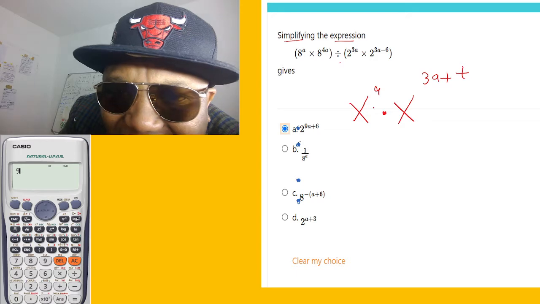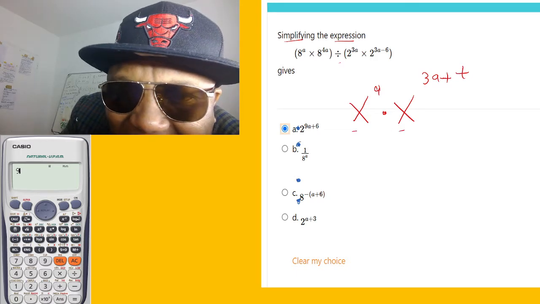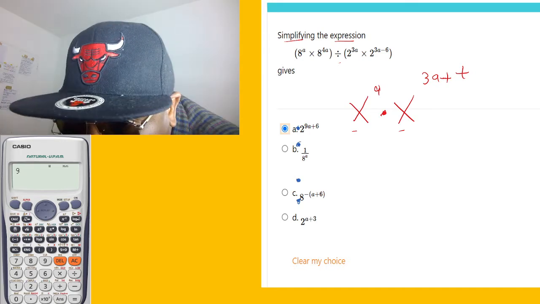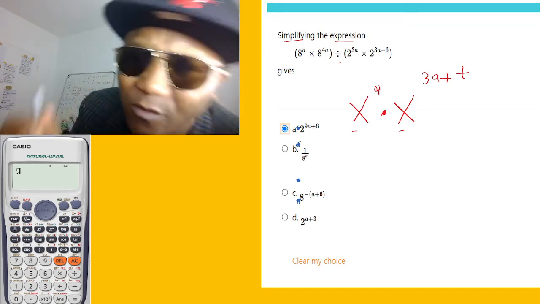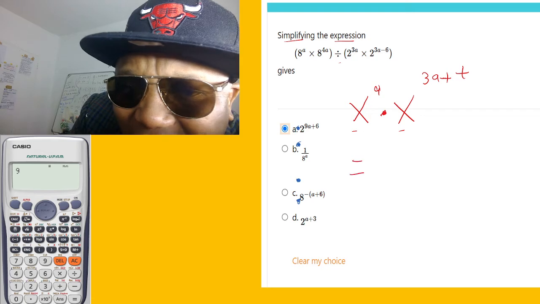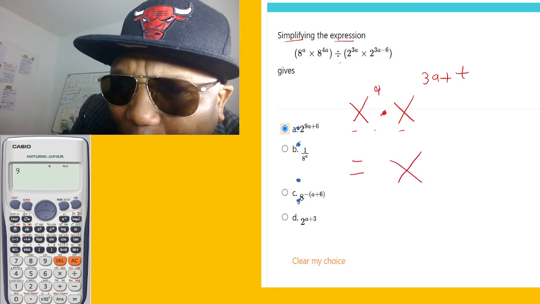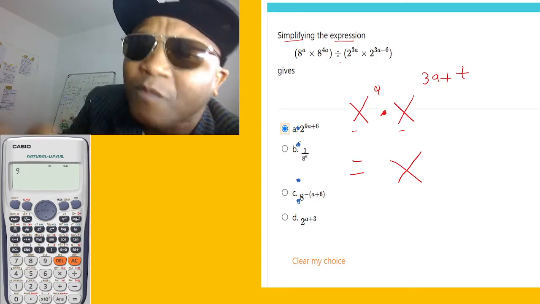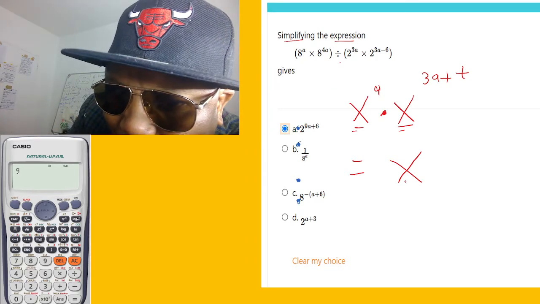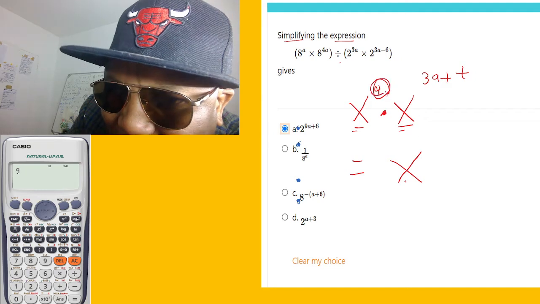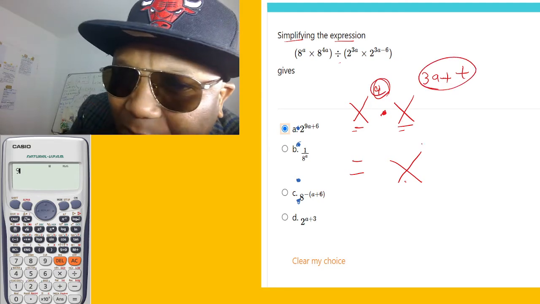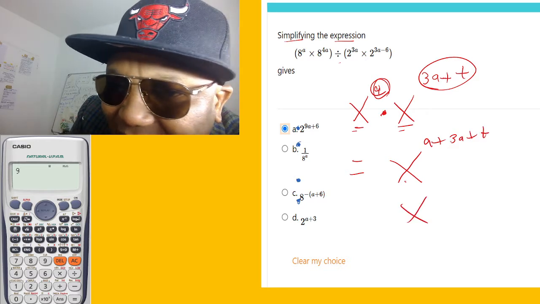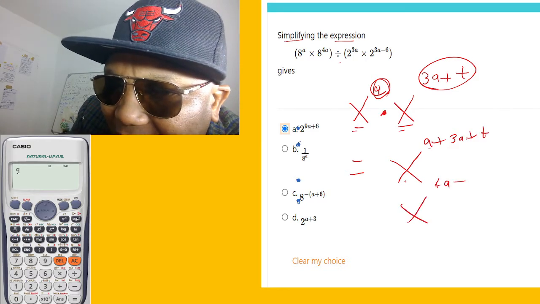When the bases are the same, and only if there's a multiplication, you write only one x, and then you add the powers together: a plus 3a plus t. So this is going to be x power a plus 3a, equal to 4a plus t. There are a lot of exponential rules, but this is one of them. If the bases are not the same, there's nothing you can do.